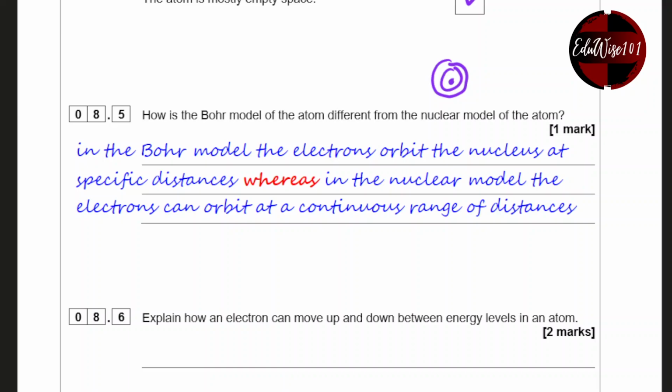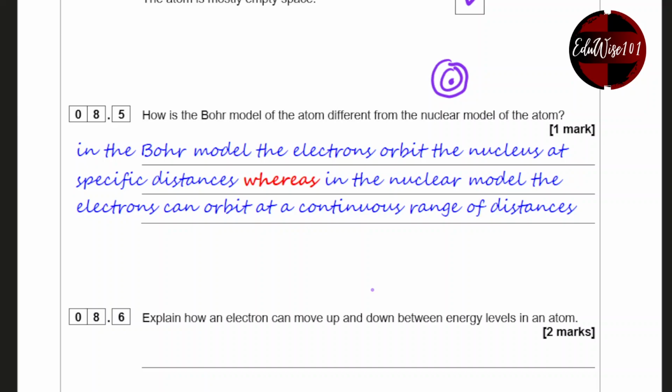Question 8.6. Explain how an electron can move up and down energy levels in an atom. Now, if an electron is found nearer to the nucleus, we say it's at a lower energy level. If it's further away, then it's at a higher energy level. So, how can it move up an energy level? For an electron to move up an energy level, it needs to absorb energy.